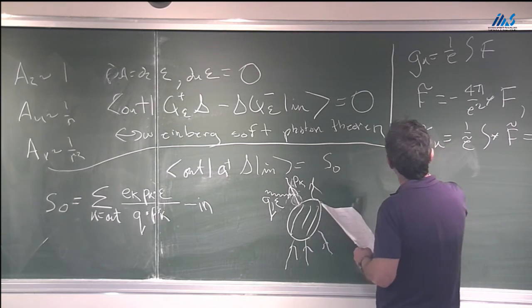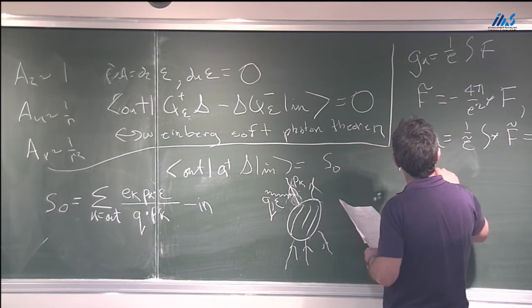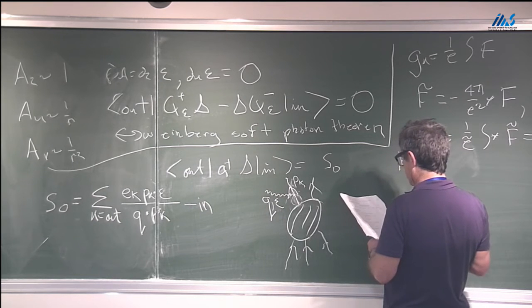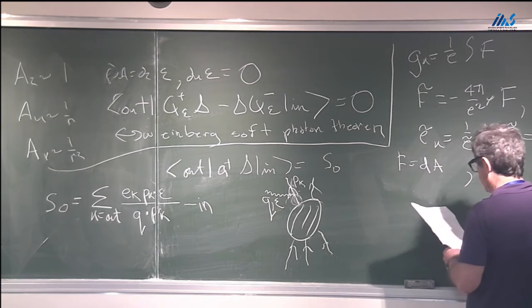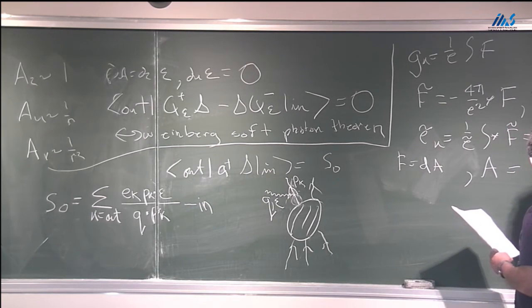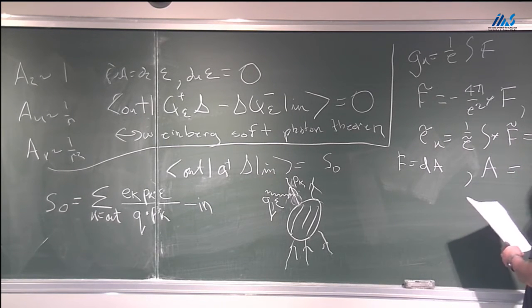And of course, F is equal to dA, and for a photon, A will be a one-form polarization vector, epsilon alpha, times e to the i q x.